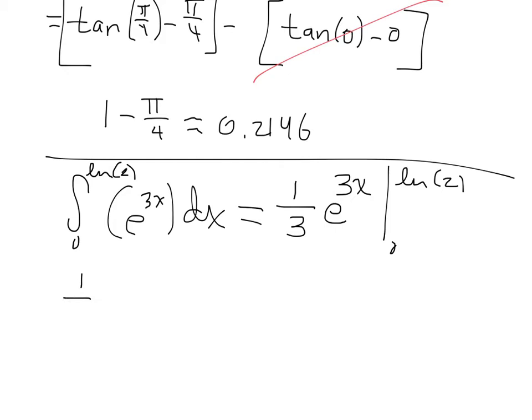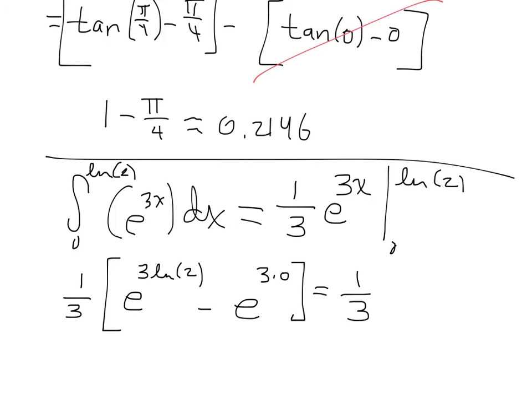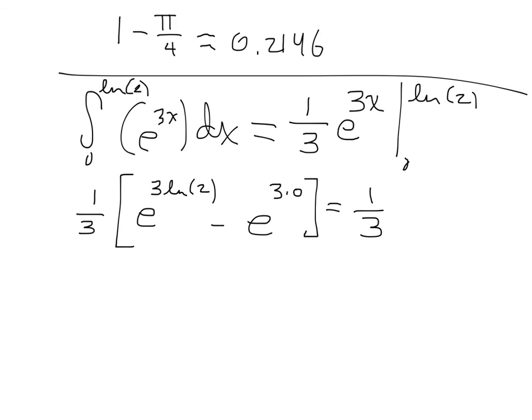So I can factor out a 1/3, meaning now I'll just plug in 3 times ln of 2 minus 3 times 0. I get 1/3. Remember, this whole e thing cancels out the ln, and the 2 comes down to be the base.